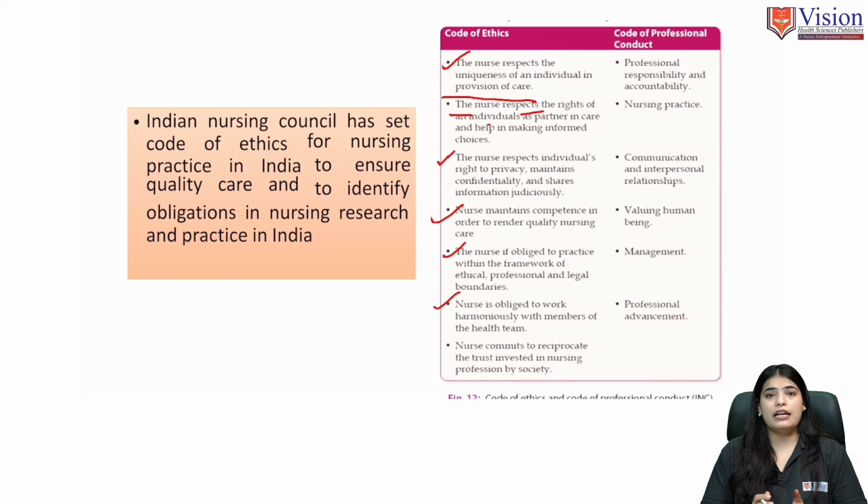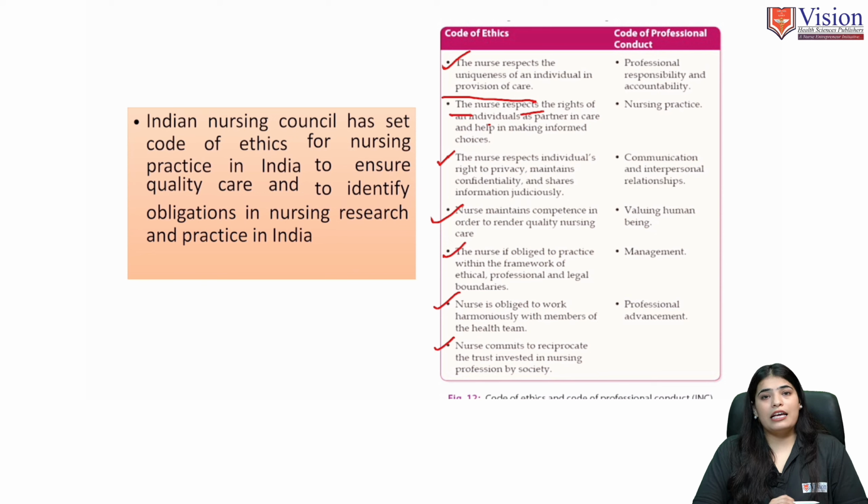As we are studying, nurses work in collaboration with the healthcare team, and they have to have proper communication with every healthcare team member. And another code of ethics is: nurses commit to reciprocate the trust invested in the nursing profession by society.